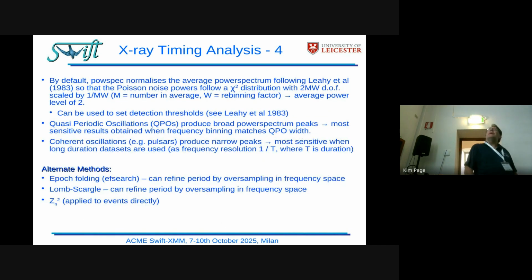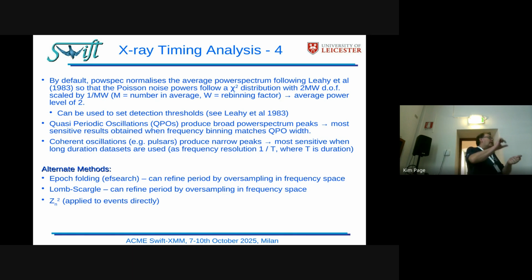Now, a bit more on the normalization. By default, powerspec normalizes the spectrum according to a paper written in the 1980s by someone called Leahy. So the quantum noise powers follow a chi-square distribution. If you have averaged M power spectra and rebin them by, say, a factor of W, then the chi-square distribution will have 2MW degrees of freedom, and it will be scaled by a factor of 1 over MW.